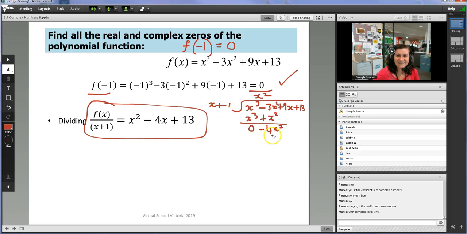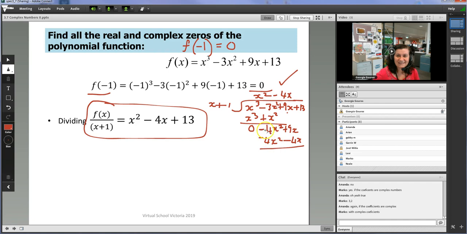Then bring down the 9x. Then x goes into -4x squared minus 4x times. So it's going to be minus 4x squared minus 4x.